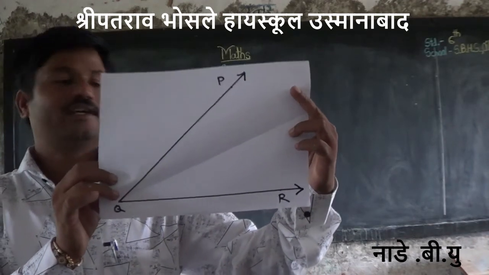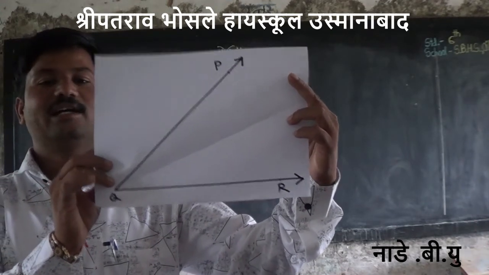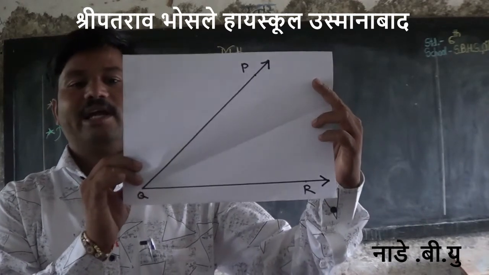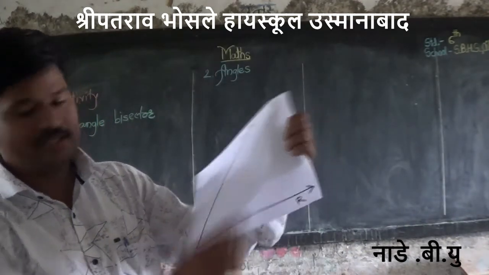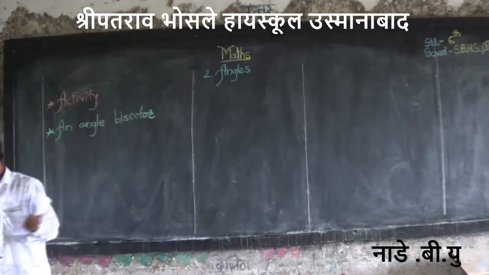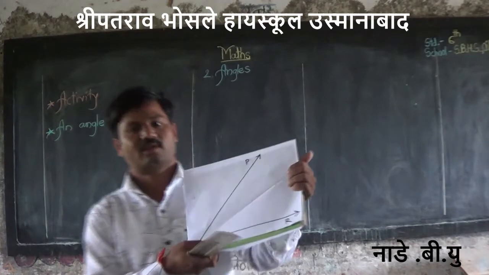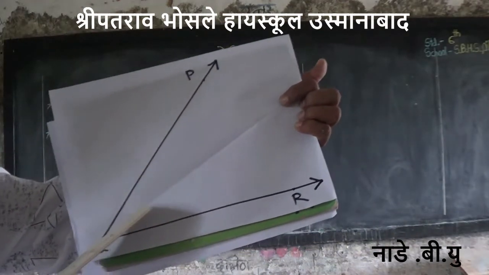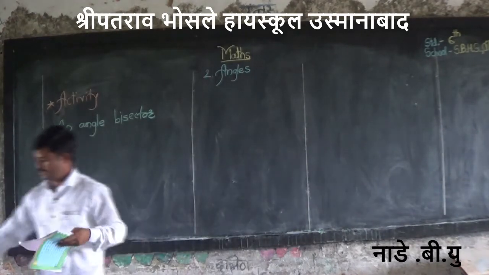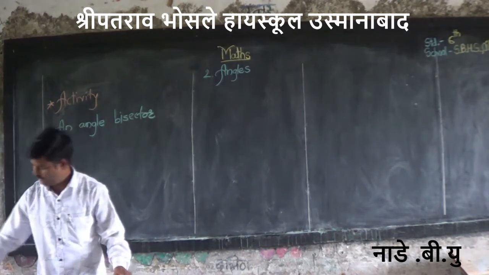If you observe carefully, because of the angle bisector we get two equal parts of the angle. Because of the angle bisector, we get two proper angles.